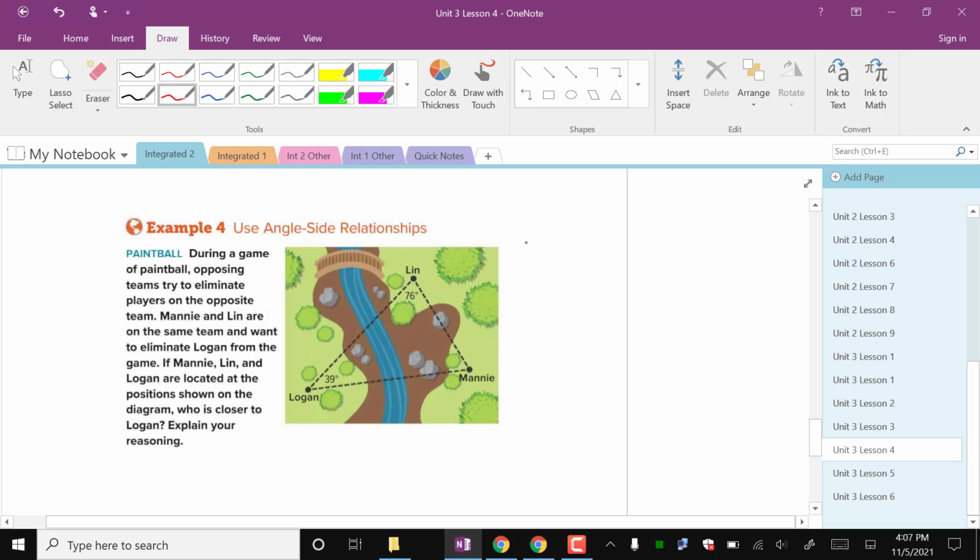So what we're going to do is 180 minus 39 plus 76, which will give us 65 degrees. So we have 76 degrees and we have 65 degrees. That means that the closest person to Logan is going to be Lynn by the theorem.